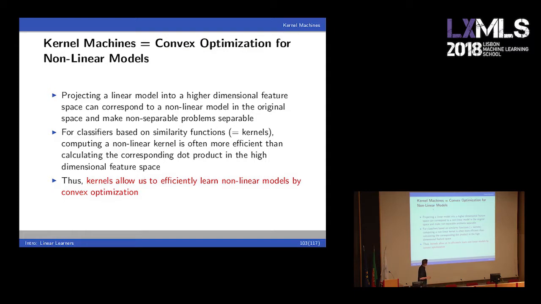The idea is to take the feature representation and project it into a higher dimensional space, but make sure that this projection does not affect the learning. We only have to know how to do the projection. So it's a fixed way of infusing nonlinearity into our model.